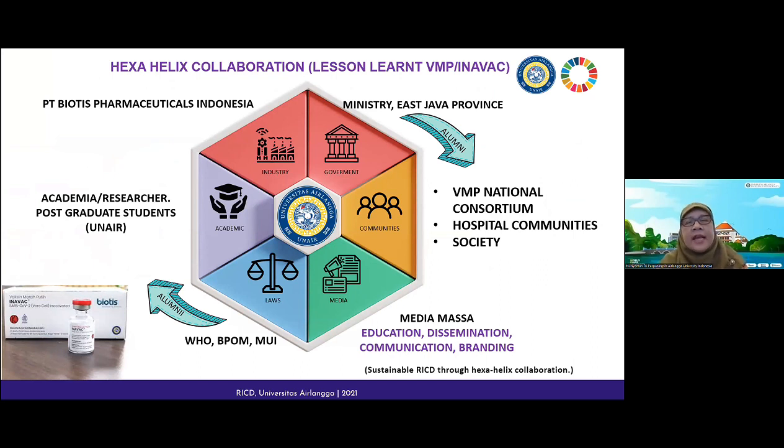This is for COVID-19 for our domestic demand for Indonesian people. This has already got the emergency use authorization. And I think our university is the first university in Indonesia producing a COVID-19 vaccine autonomously in our country.